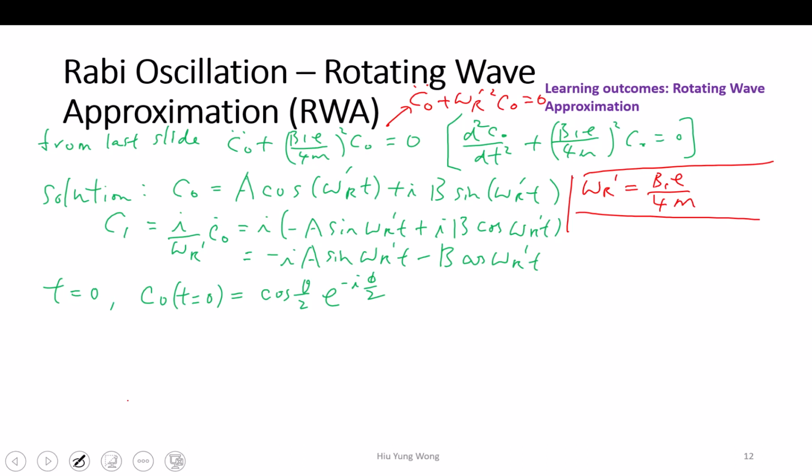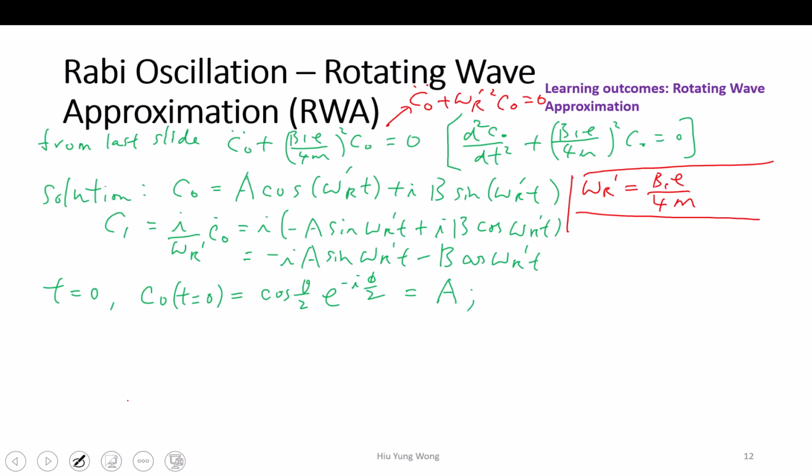Make sense? When t equals 0, because that is the initial state of my qubit. And based on the equation here, at t equals 0, this term is 0. This is equal to A. So here I get A needs to be equal to this guy. Okay? Then how about B?